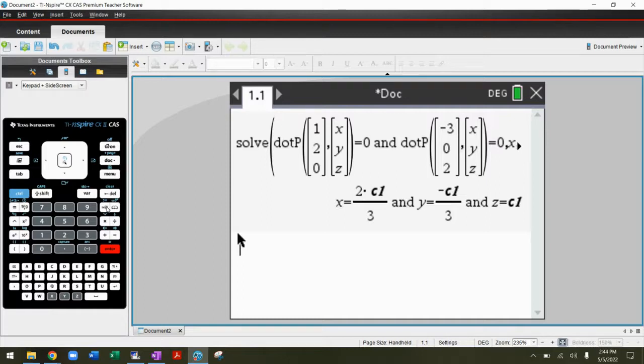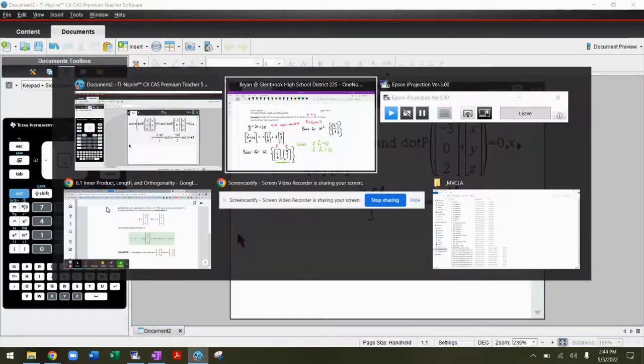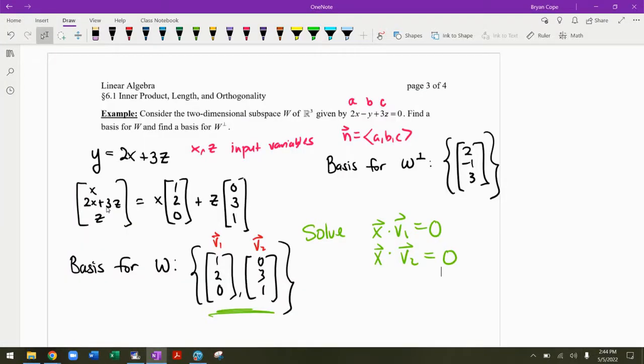That means the solution is a scalar multiple of the vector 2, negative 1, 3, which is exactly what W perp basis is, right? So don't lose sight of the fact that we're actually doing this, because if we get out of the simplicity of R3, that's going to be really important for us to understand.